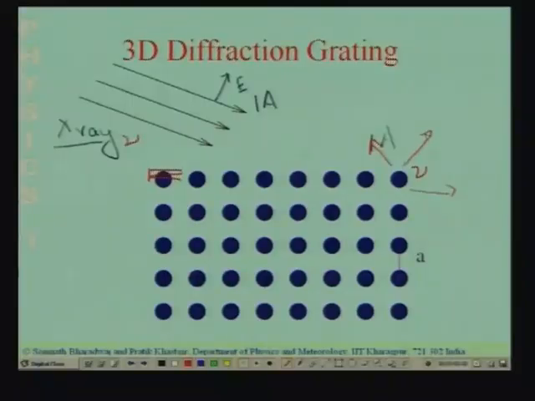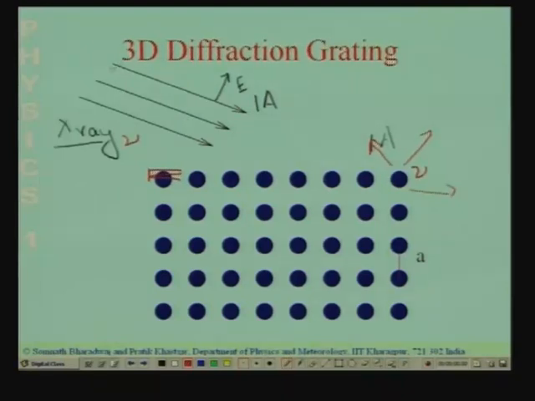So, the bottom line is that each atom over here is going to act like a source of radiation at the frequency nu, and all of these sources are going to be coherent. So, we are going to have coherent radiation coming out from each of these atoms, at the same frequency as the incident X-ray.